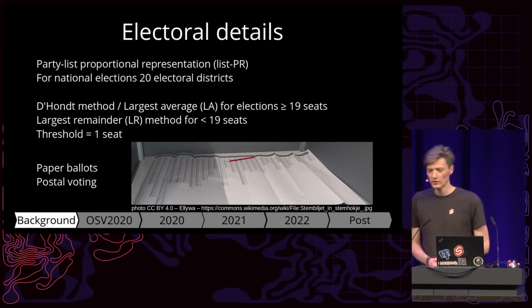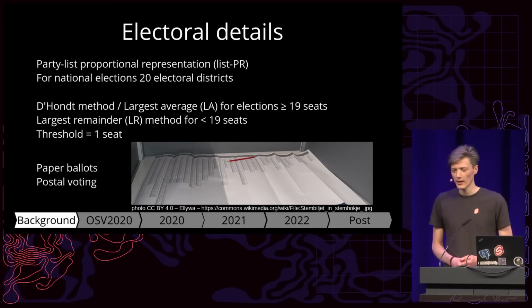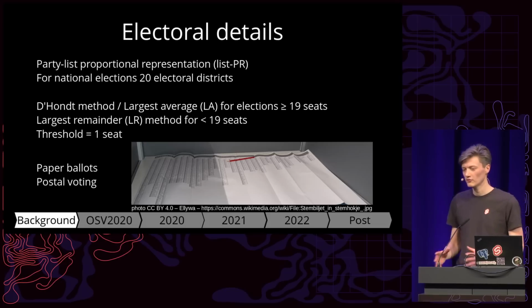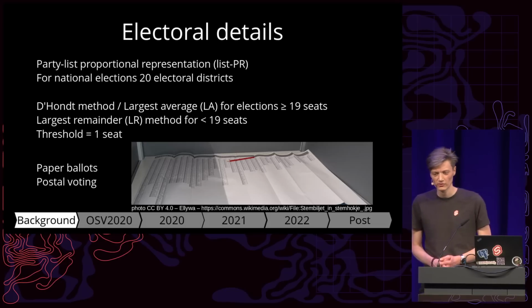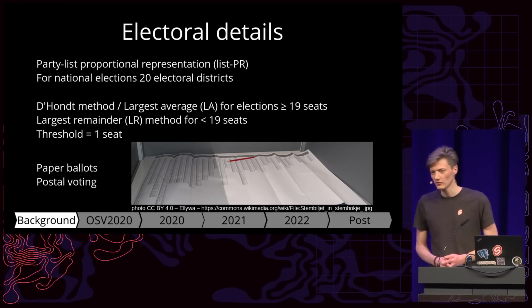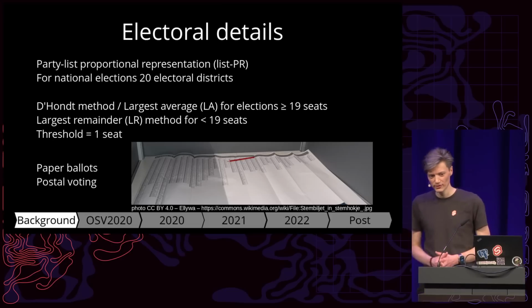We have the D'Hondt method, or the largest average, or the Jefferson method for elections of more than 19 seats, and the largest remainder for elections of less than 19 seats. The threshold for national elections is just 1 seat, and for small elections of less than 19 seats it is 0.75. Well, that's already a lot of variables, parameters we need to have in this software.